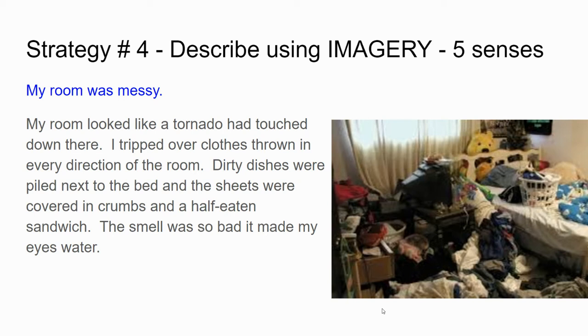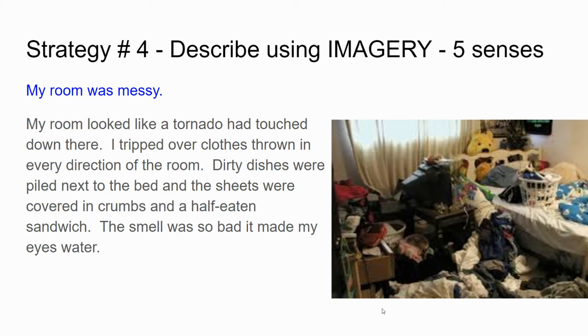So now you've got sight because you can see it. You've got touch because if you've ever eaten in bed and gotten crumbs in your bed, you can feel those crumbs on your skin. And possibly your sense of taste, since it is a half-eaten sandwich. If you ate half of it, you remember what that taste was like. And the smell was so bad, it made my eyes water. So now we're talking about your sense of smell.